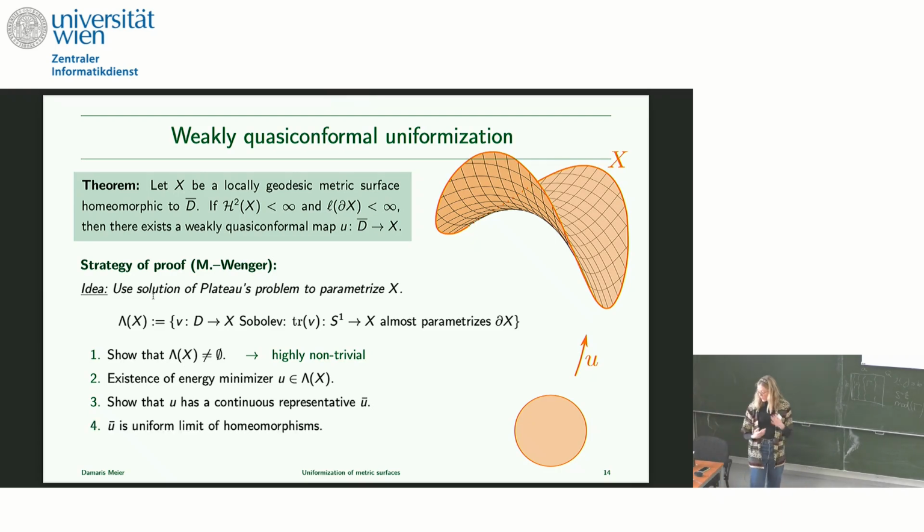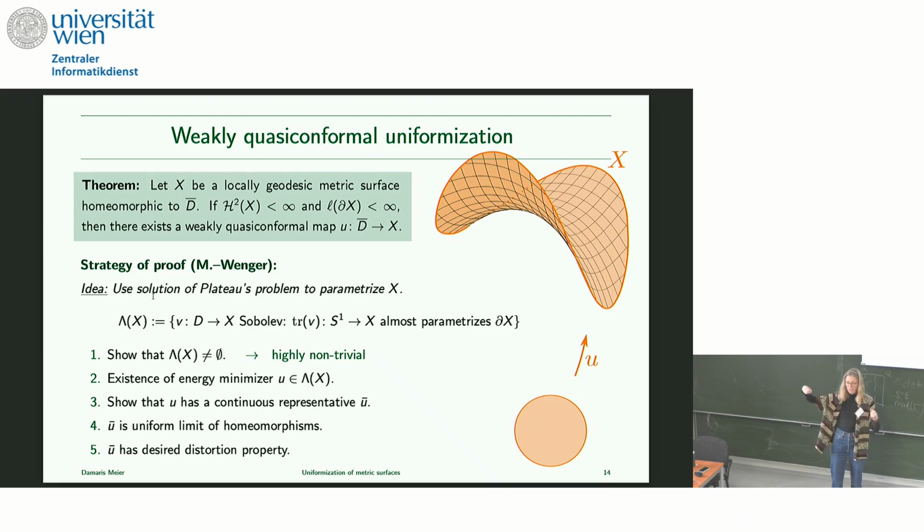And then we also get some more topological properties, that it has to be a uniform limit of homeomorphisms. And in the last step, we get this distortion property that we want. You can think of it like this: if we have a map sending a small ball to our metric surface, which is energy minimizing, if it would distort the ball very much, it would need a lot of energy.